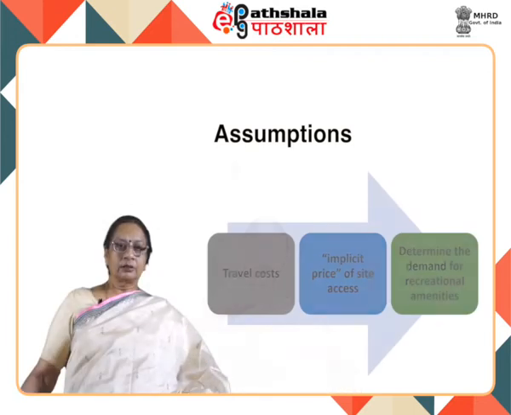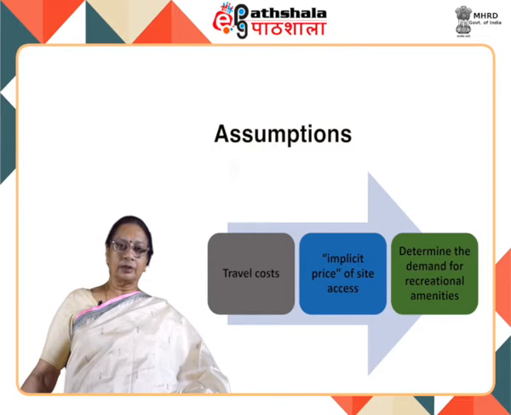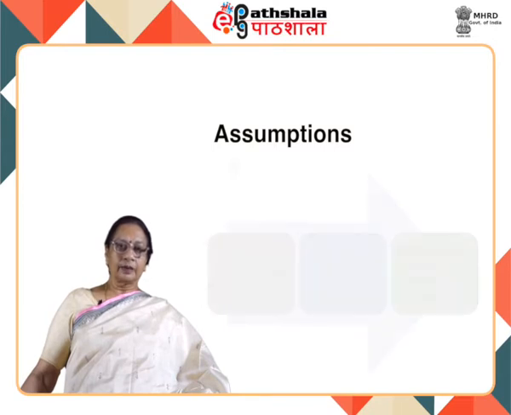Thus, travel costs represent an implicit price of site access which is used to determine the demand for recreational amenities provided by a natural resource. It is same as estimating people's willingness to pay for a market good based on the quantity of a good demanded at different prices.